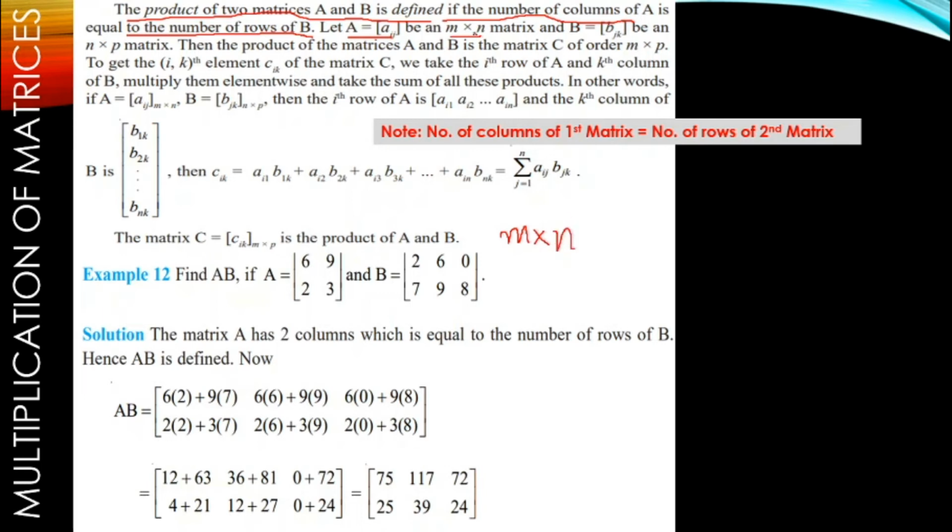And B's order is n by p. So what is the order of matrix B? N by p. What they are saying is the number of columns of A equals the number of rows in B. This should be equal. The number of columns of A should be equal to the number of rows in B.